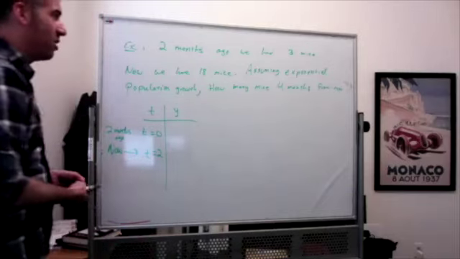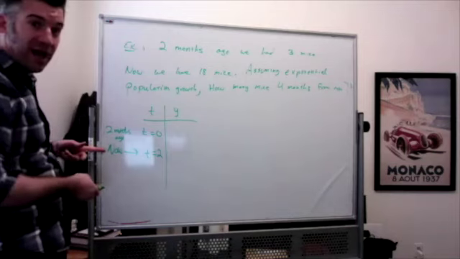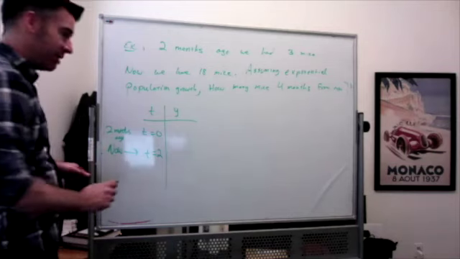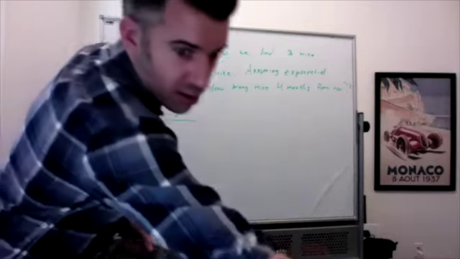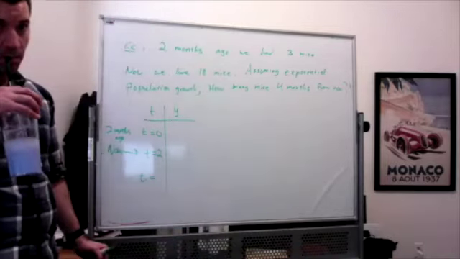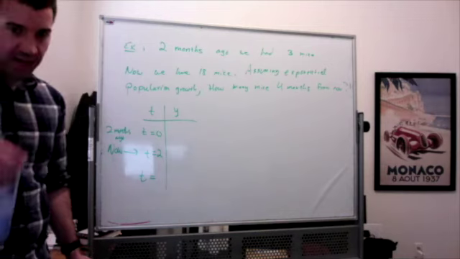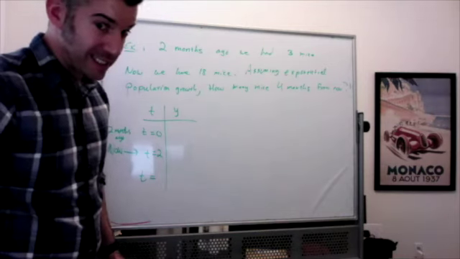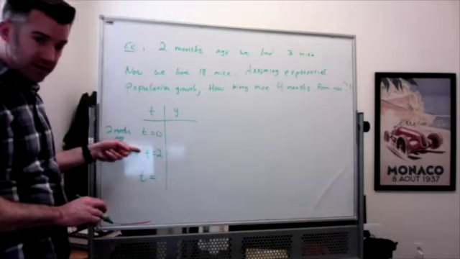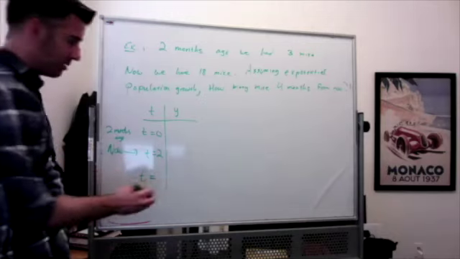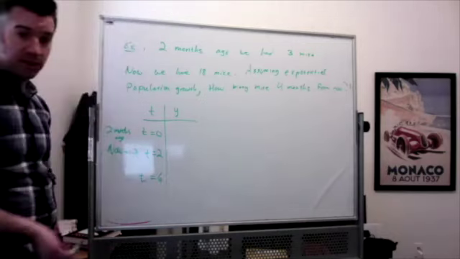And so then if I want to know how many mice there are 4 months from now, I want to know how many mice there are when time is equal to how many months? Well, 4 months later, it's going to be time equal to 6.